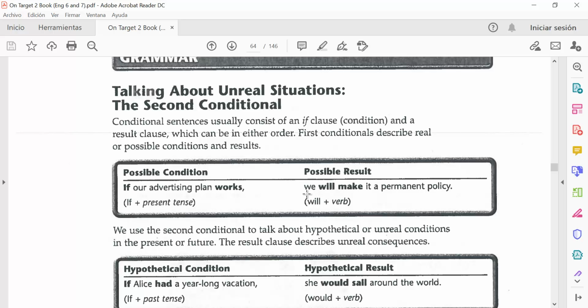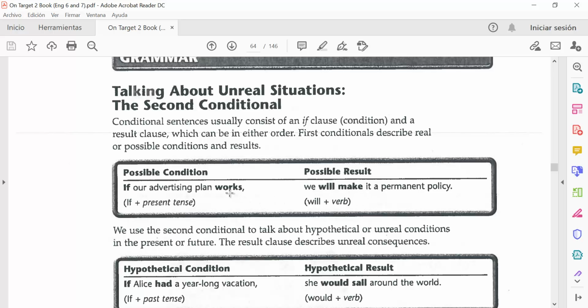So here we're going to go to the second part of the sentence, which is a clause, and this is the result. It says, we will make it a permanent policy. So this is the result of this condition. If this condition is given, then you will get this possible result.